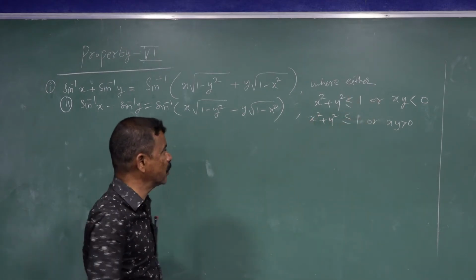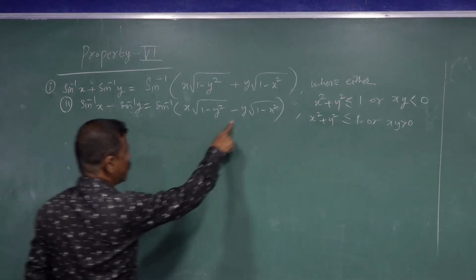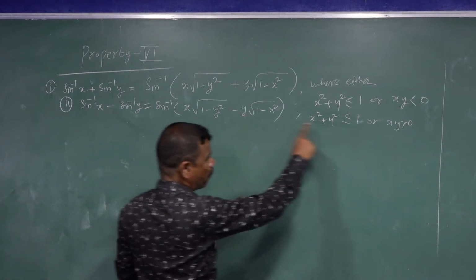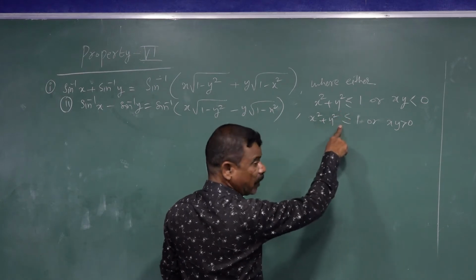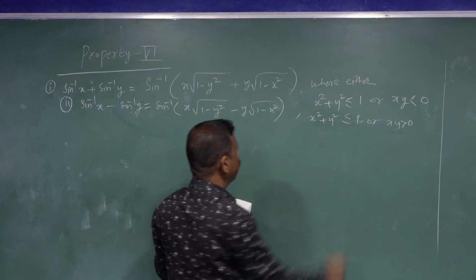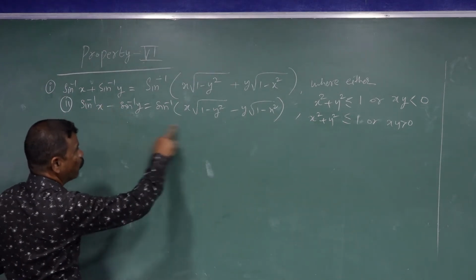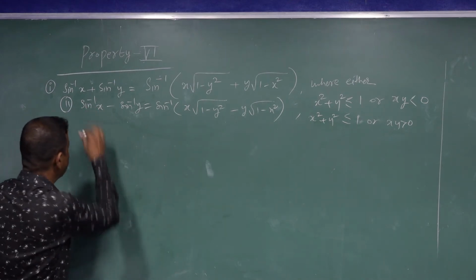These are the conditions. For the minus case, the only difference is minus here, and the condition is xy greater than 0. We prove one; similarly, we can prove the other. Only one is enough here.